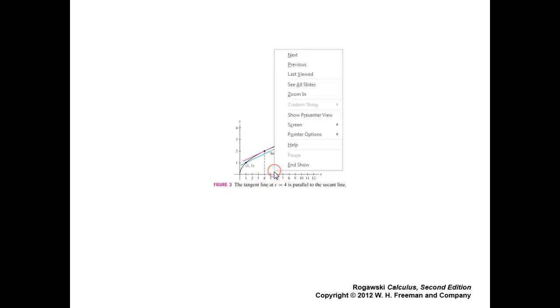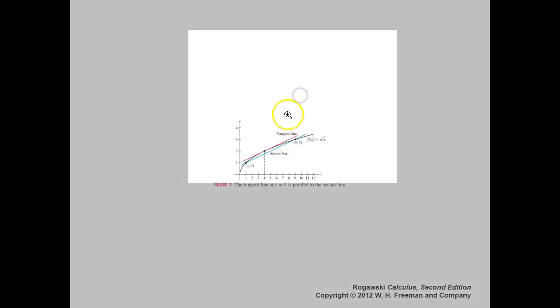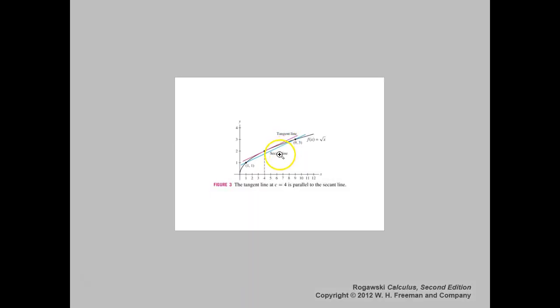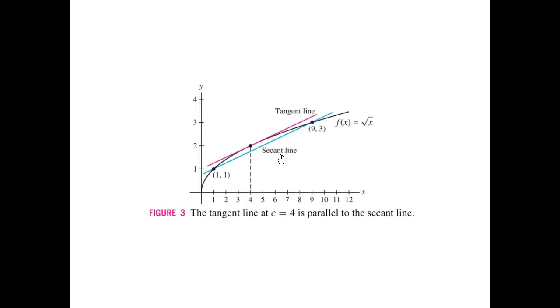I think we can do this pretty straightforwardly. Verify the mean value theorem where f of x is the square root of x. There it is right there. A is equal to 1, right there, 1, 1. And b is equal to 9, that would be 9, 3. So there are your 2 points. It says first compute the slope of the secant line.